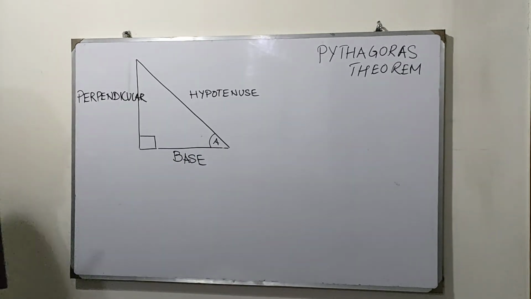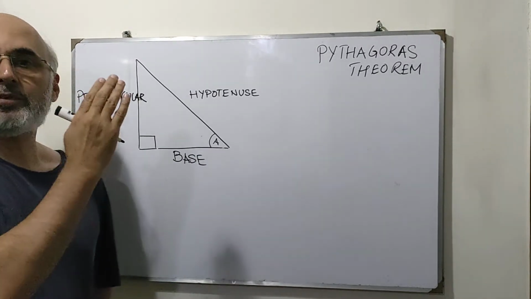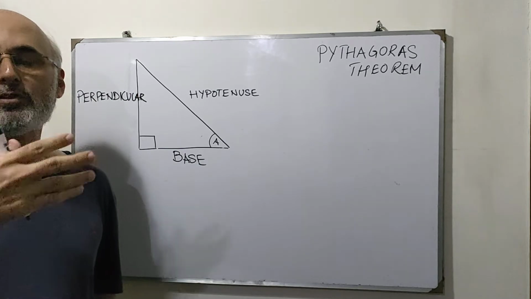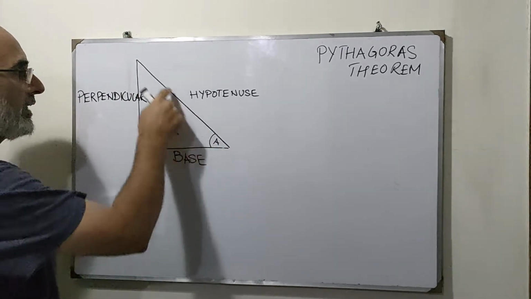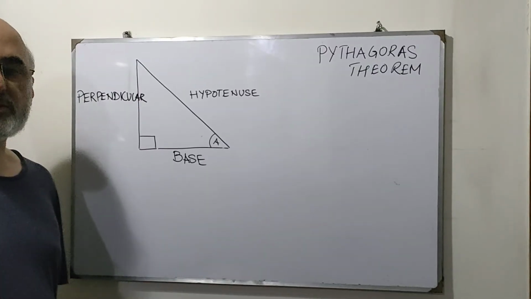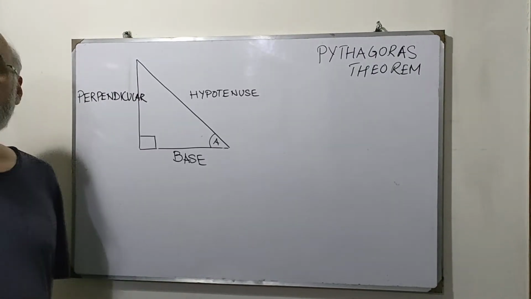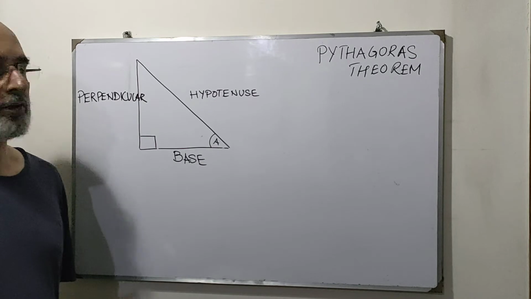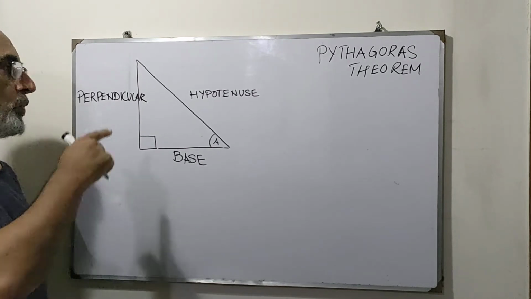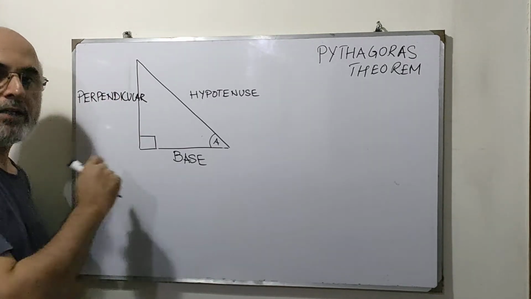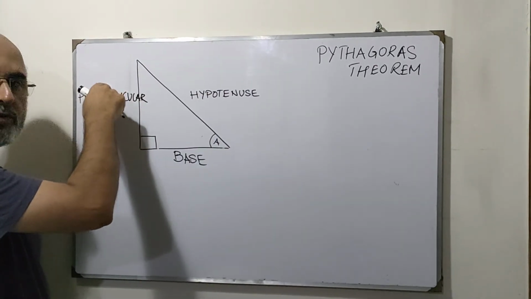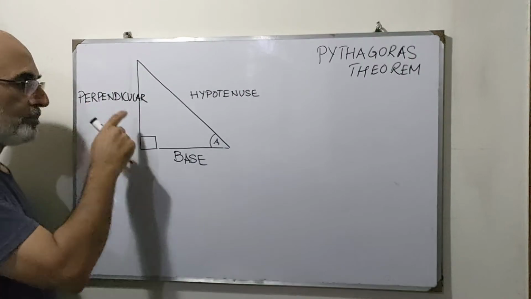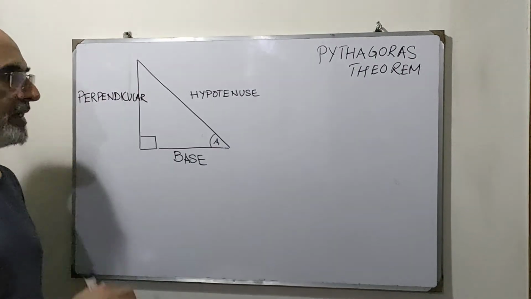Now this theorem gives a relationship: the square of the hypotenuse is equal to the square of perpendicular plus the square of base.